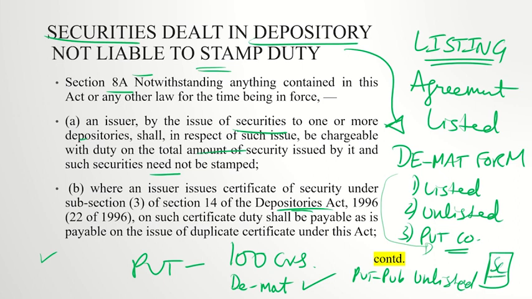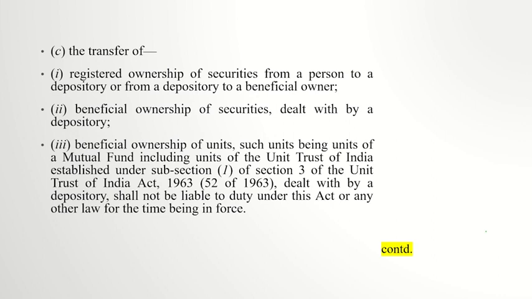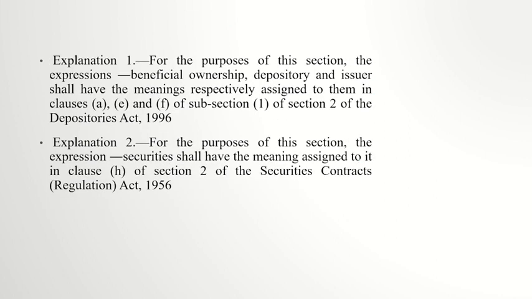For a share certificate we have to pay stamp duty. But if it is in demat, not required. This includes share transfer, the registered owners of a depository, beneficial ownership. For any of this we don't have to pay stamp duty.